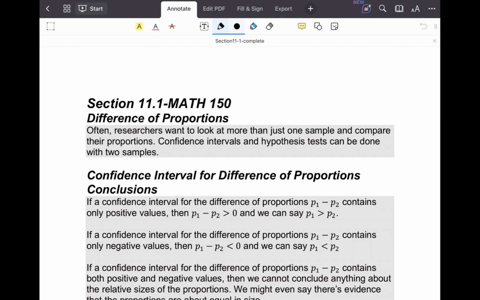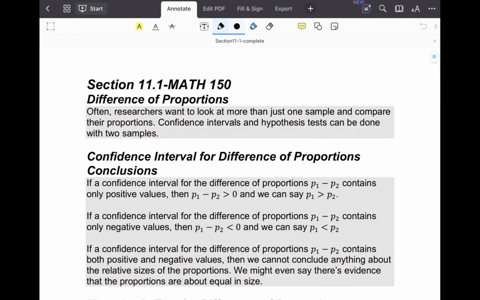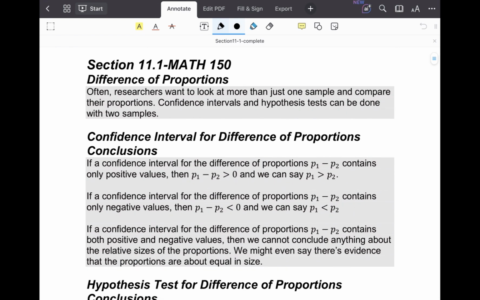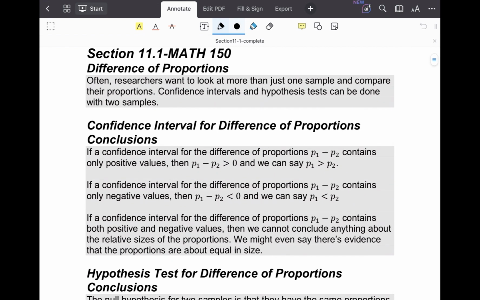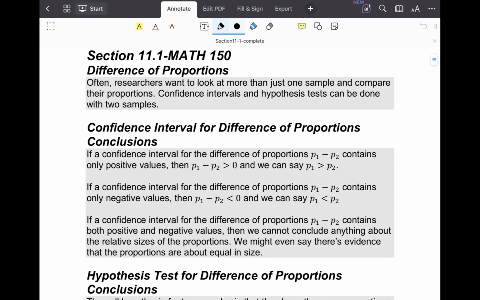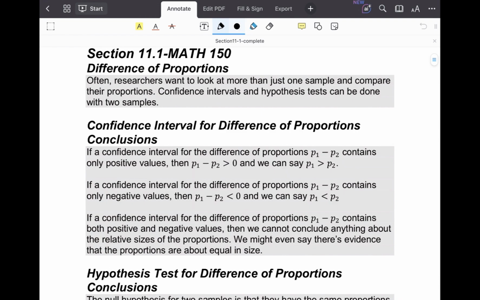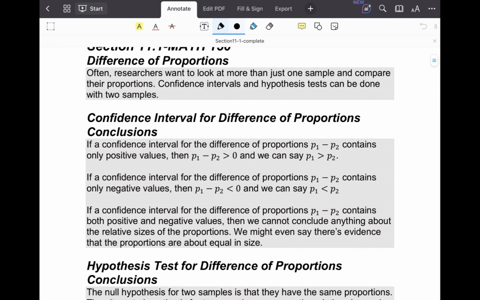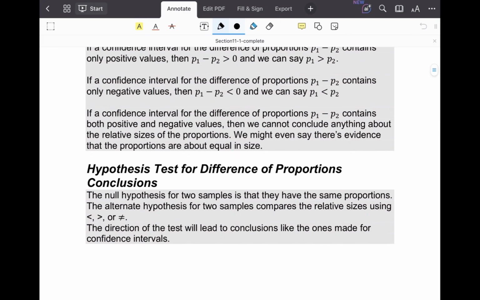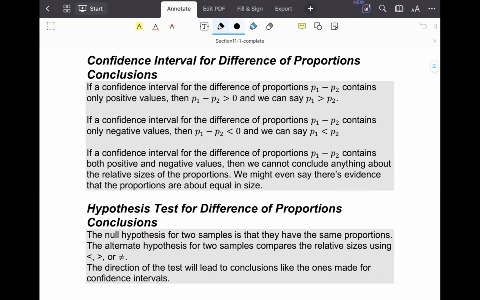Now, when we're looking at the difference of parameters, the logic is a little bit tricky to follow. So I put a page here just to explain some of the logical connections between the hypothesis test and the confidence interval for the difference of the proportions on this one here.